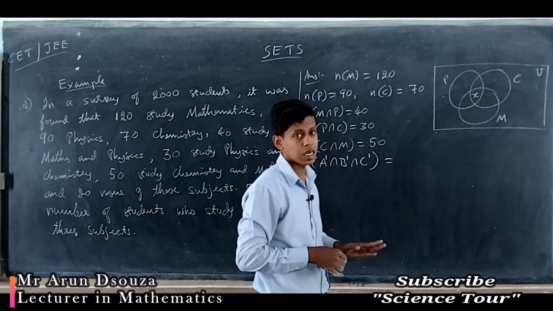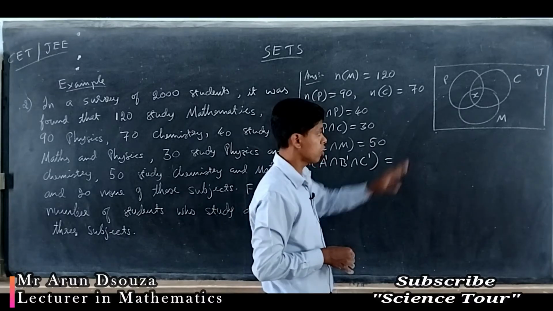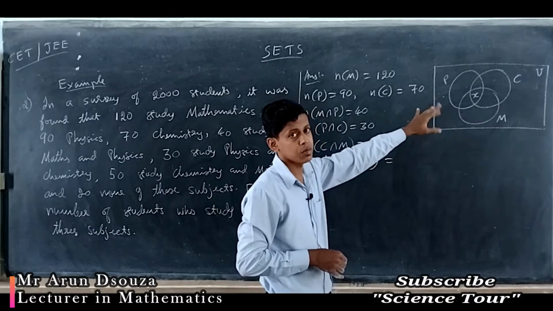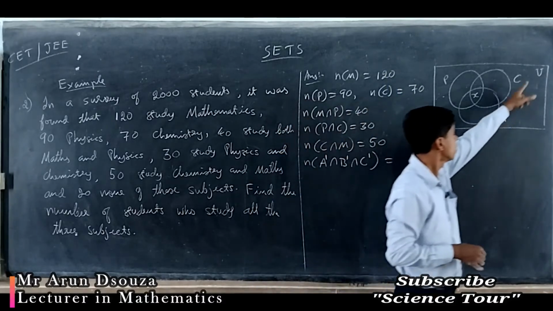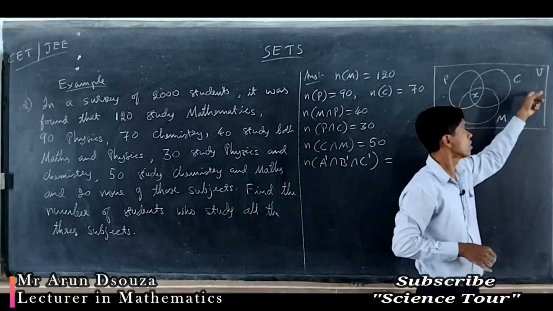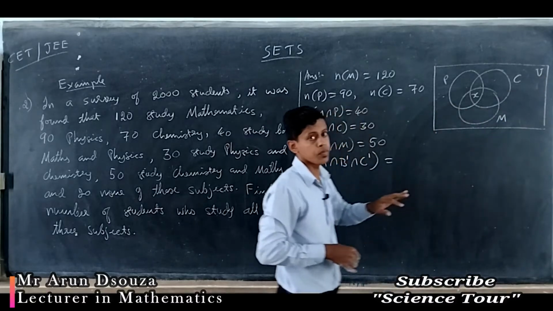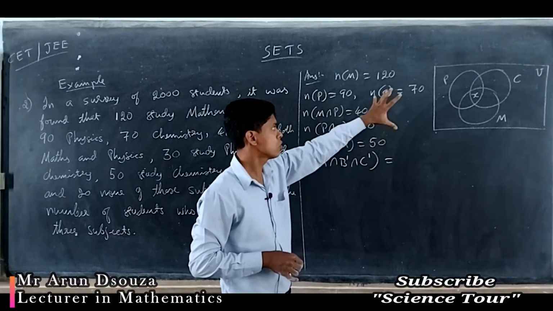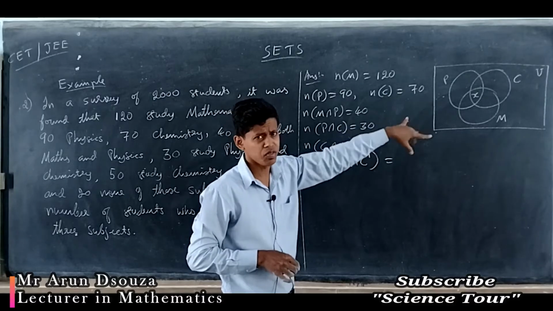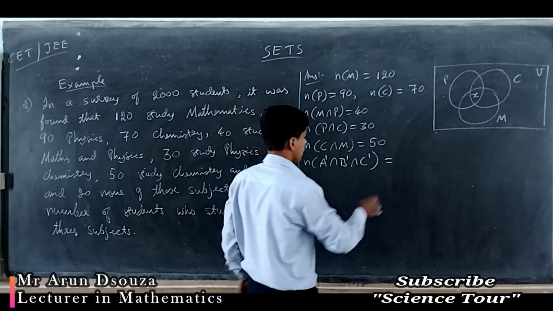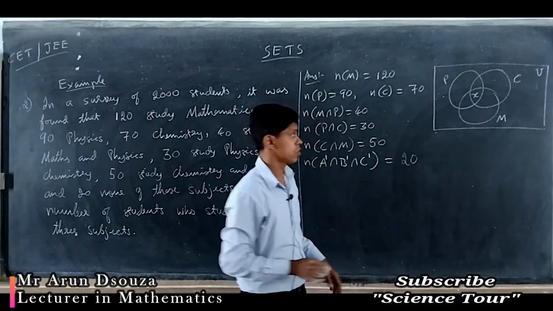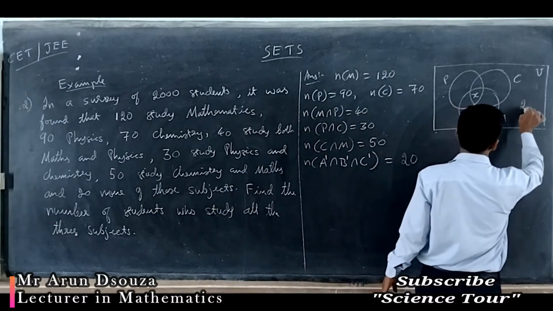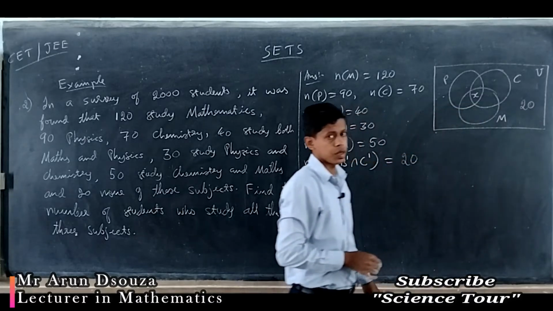I hope you are understanding this part. None of physics, chemistry, maths, they are outside these circles, but inside the rectangle, they are in the universal. They are in the school, but they don't study. They don't fall under any of these circles. And these people are 20. So there are 20 people outside here.